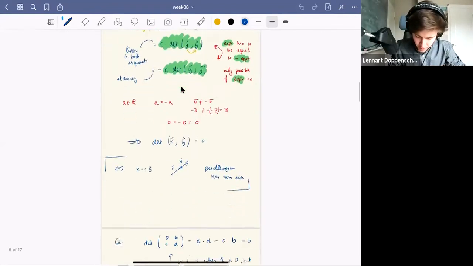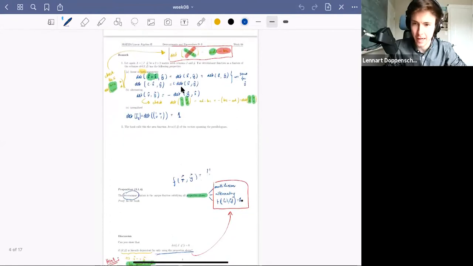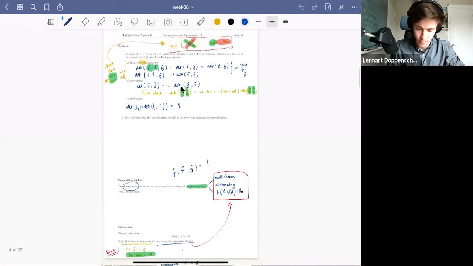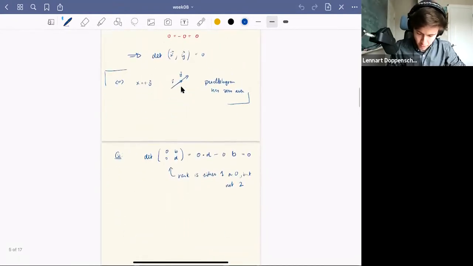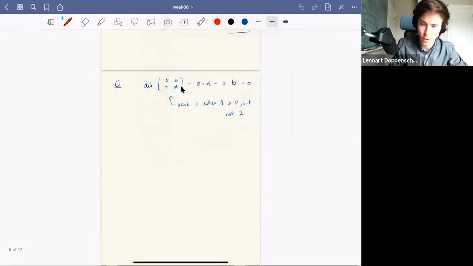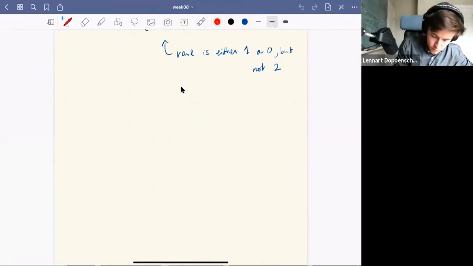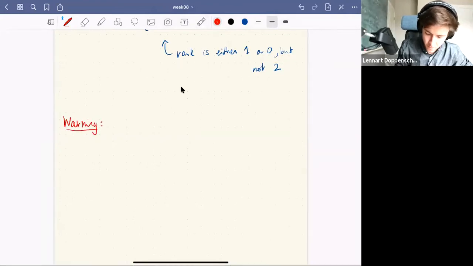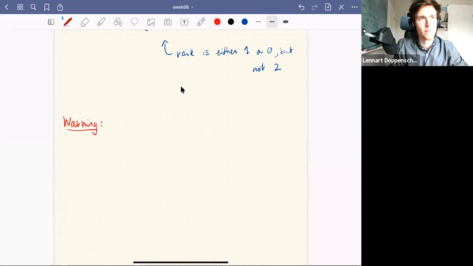Maybe before we start, I'll make another disclaimer about rows and columns so that there's no confusion about this when you work on the assignment, for example. It's coming up. So I'm just going to make this a big warning. How do I phrase this?